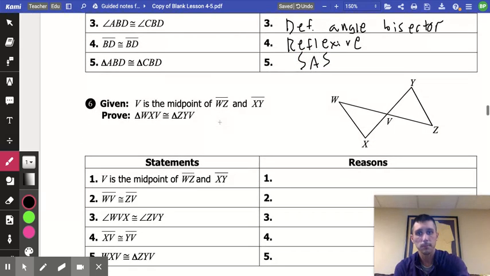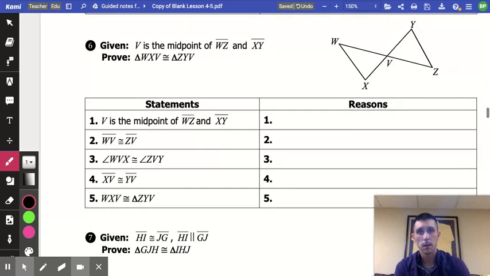All right. Number 6. V is the midpoint of WZ and XY. So if V is the midpoint of WZ, that means WV and VZ are congruent, and V is the midpoint of XY, so XV and VY are congruent. So how do we know that? So that's given.